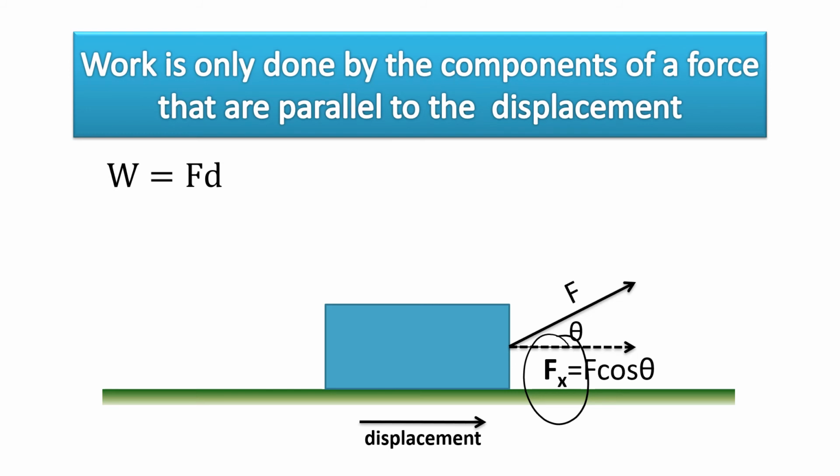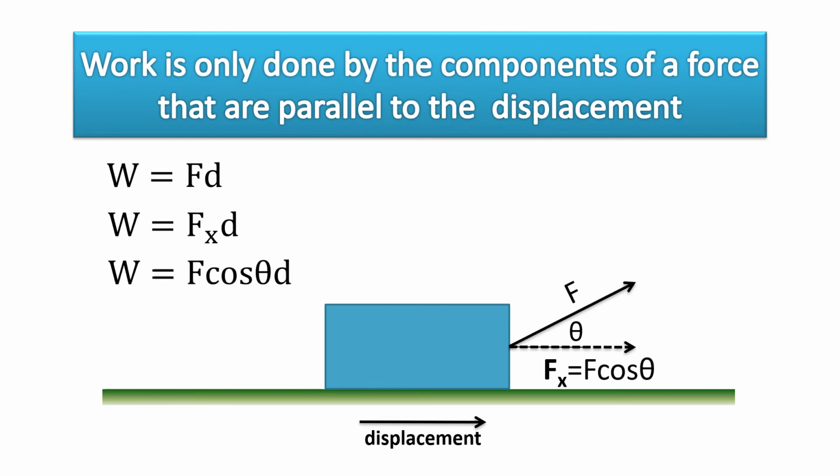It's been a few months now. Fx is equal to F cosine theta, and we know it's cosine because this is adjacent to the angle, adjacent over hypotenuse in this triangle. All right, so let's plug that in instead. We have W is equal to the x component of the force times the displacement, which is equal to F times cosine theta.